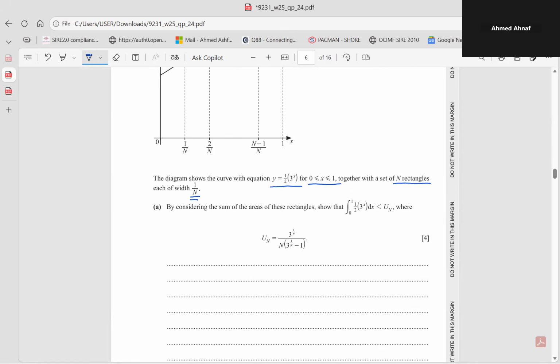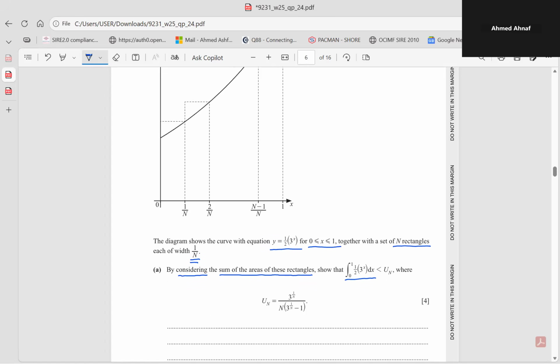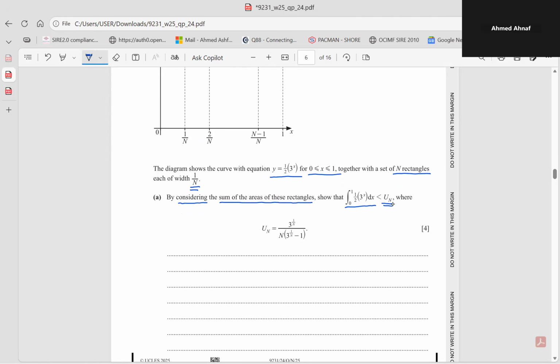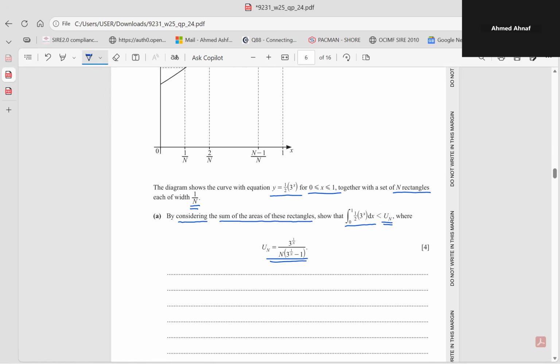For the first part, we are told to consider the sum of the areas of these rectangles and show that this integral, which is just the area under the curve from 0 to 1, is less than un, where un equals this expression.